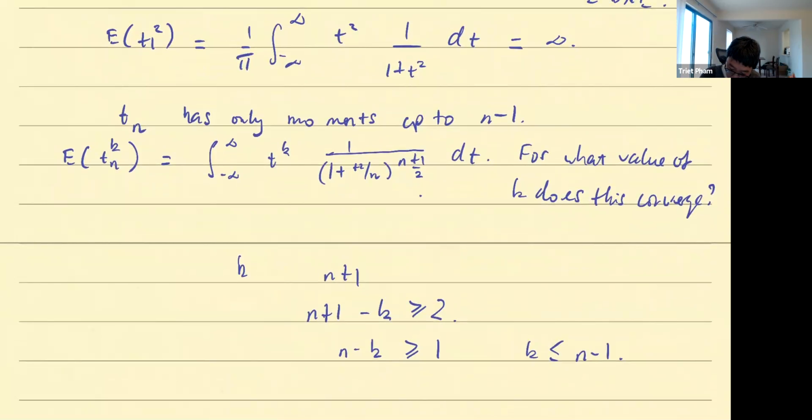k versus n plus 1. There's a k here and there's an n plus 1 here. The fight is between k and n plus 1.